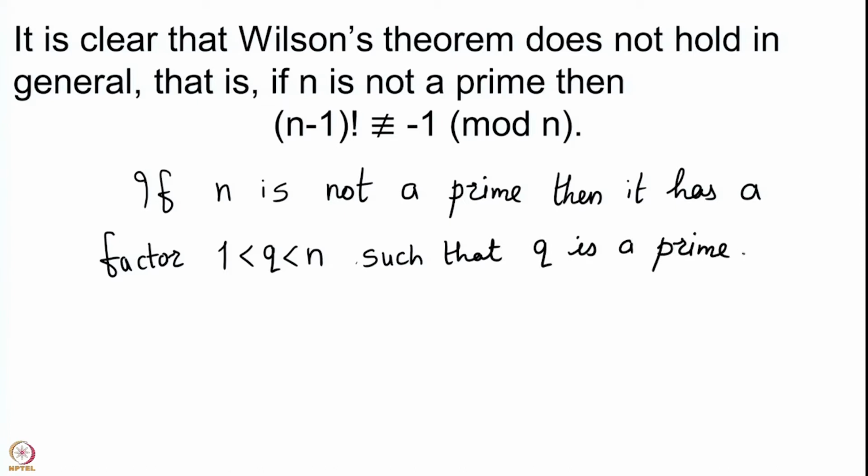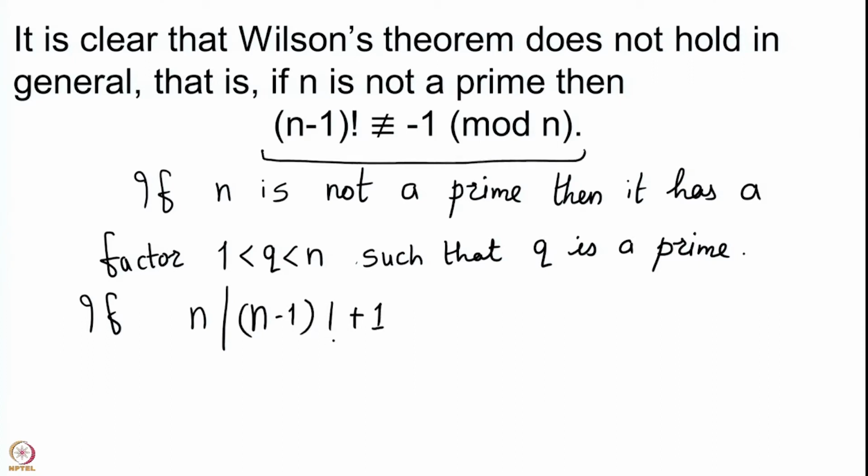Right. So, when you have this factor q and you have that n divides (n minus 1) factorial plus 1, which is to say that this equation holds instead of not holding, then q divides this because q divides n, but q is less than n.